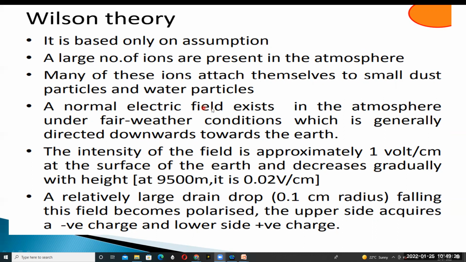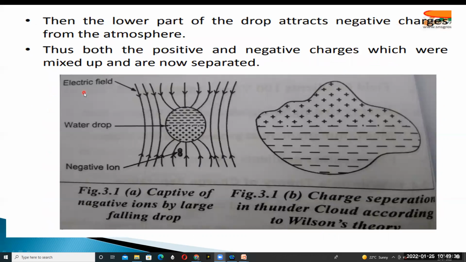A normal electric field exists in the atmosphere under fair weather conditions, which is generally directed downwards towards the earth, like this. This is called the electric field.